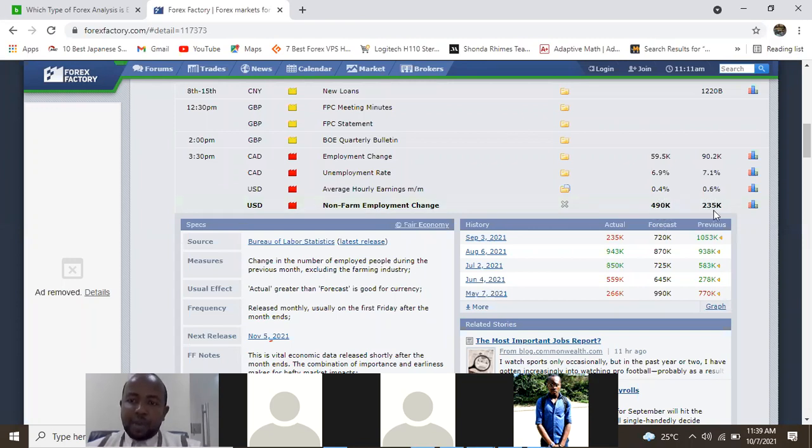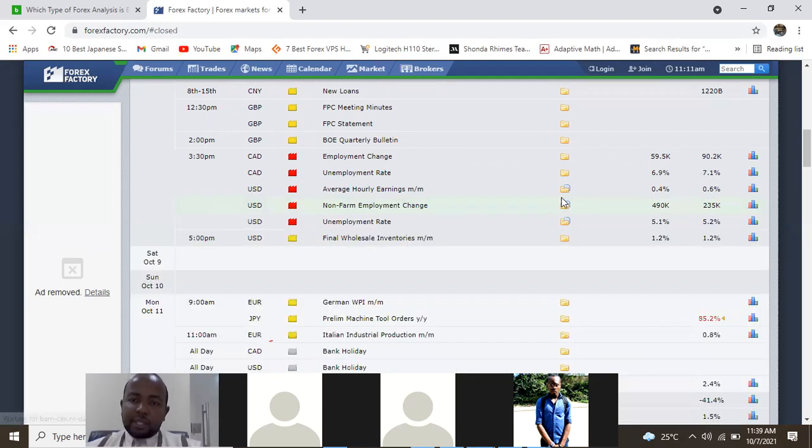This was the previous, 235,000 jobs were created. The forecast is we might get an extra 490,000. So if the actual figure comes above this, of course, we have more jobs and the dollar will be gaining. If the figure comes below 490,000, of course, we'll be losing because the unemployment rate would have gone high. So this is basically what I'm talking about.